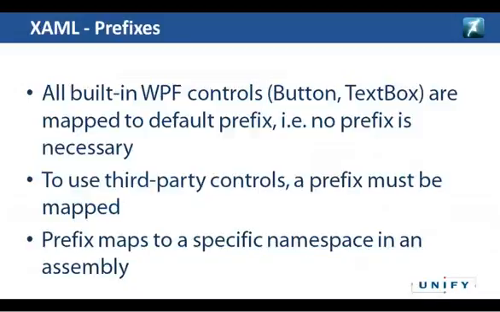In Team Developer, all built-in WPF controls, buttons, text boxes, are mapped to a default prefix, so no prefix is necessary. If you use third-party controls, a prefix must be mapped, so you need to provide a namespace in front of all the XAML definitions you would like to use.